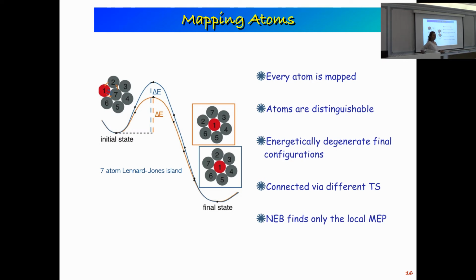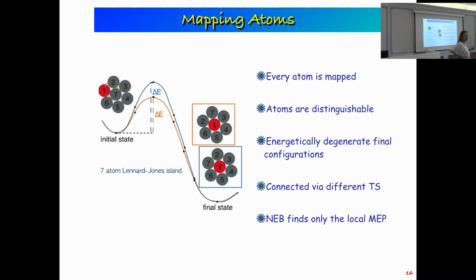Other questions? Yeah? If there are more than 2 MEPs, are all MEPs found, or do you have to do it many times? You have to do it many times. So you have to try to start with a different guess that moves you away from the first path that you found, such that you can maybe find a different solution.